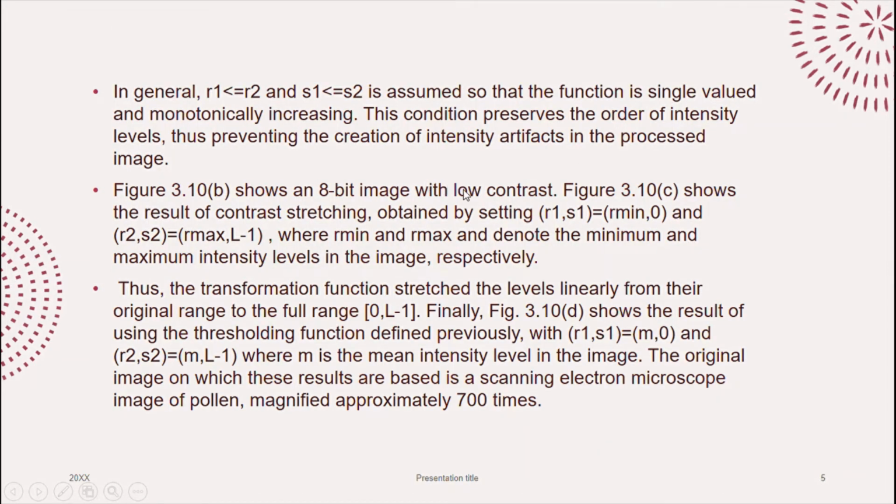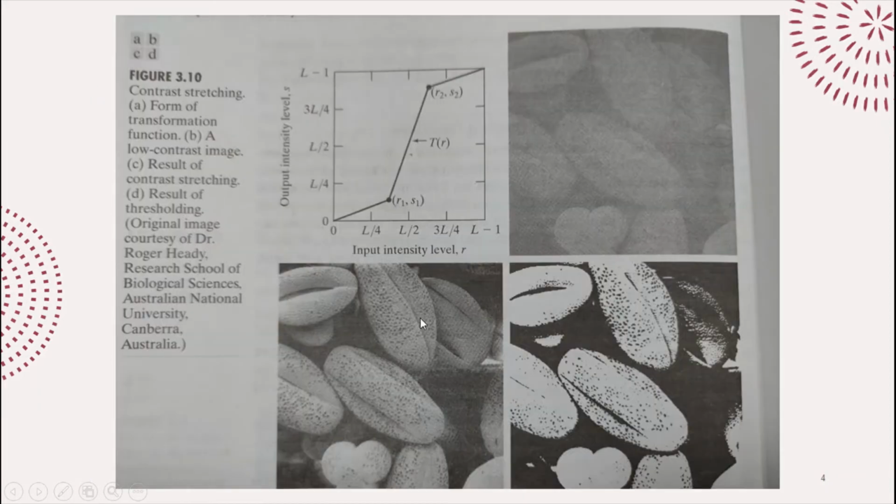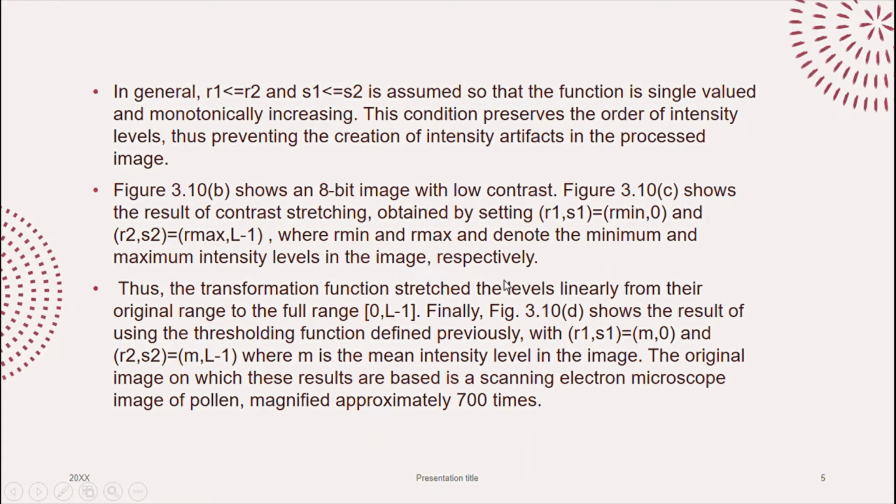Figure 3.10c is the result of contrast stretching obtained by setting (r1, s1) as (r min, 0) and (r2, s2) as (r max, L minus 1), where r min and r max denote the minimum and maximum intensity levels in the image respectively. The transformation function stretched the levels linearly from their original range to the full range 0 to L minus 1.